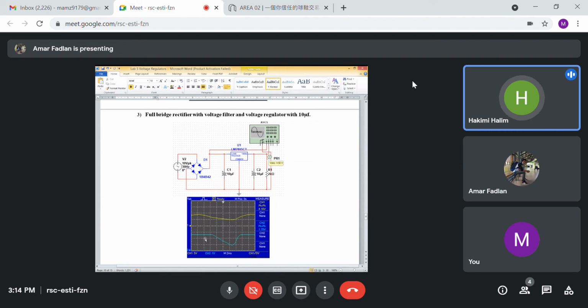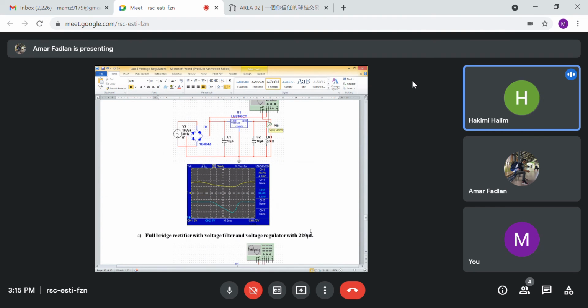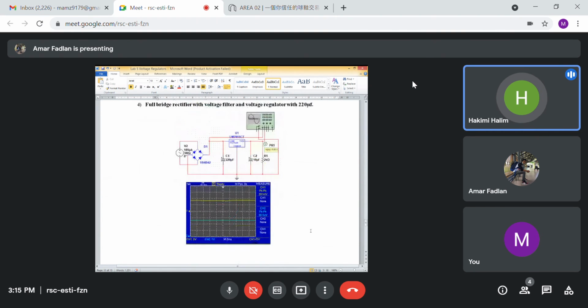This is with capacitor C1 of 10 microfarad. The last circuit has a filter with 220 microfarad.